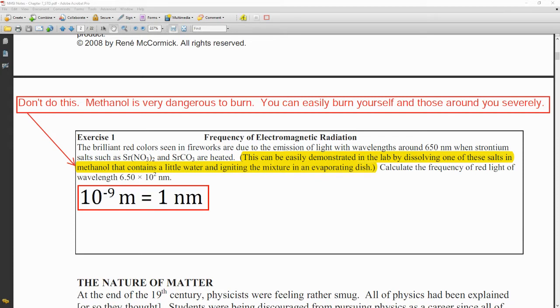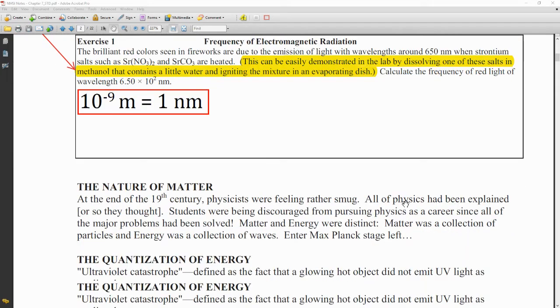So that conversion is that 10 to the negative 9 meters is equal to 1 nanometer. And so we can really take that 10 to the negative 9 and substitute it in anywhere we have that n for nano. And that will help us make that conversion pretty quickly. So instead of this being 650 nanometers, it would be 650 times 10 to the negative 9 meters.